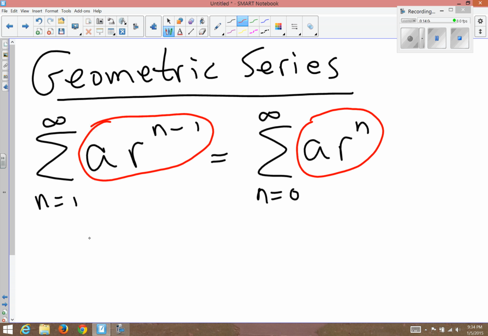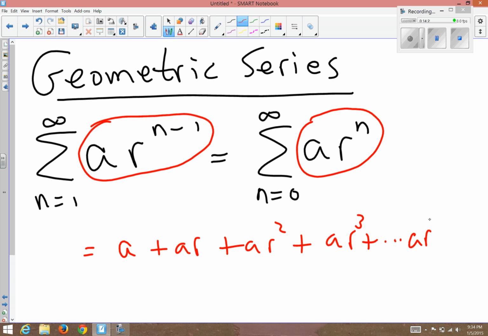And so either of these is a plus a times r to the first power plus a times r to the second plus a times r to the third plus, etc., a times r to the either n or n minus 1 plus, etc.